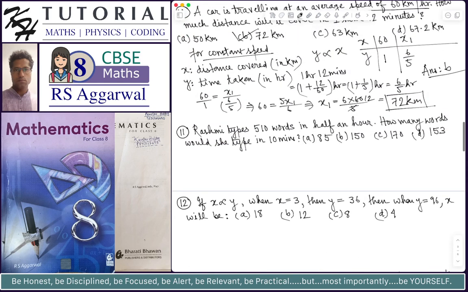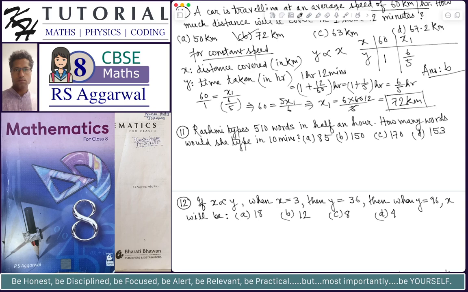Question number 11. Rashmi types 510 words in half an hour. How many words would she type in 10 minutes? For this problem, you can consider the unit of time taken to be minutes, because the question is asking how many words would she type in 10 minutes, and also it has given that in half an hour, which is 30 minutes, Rashmi types 510 words.